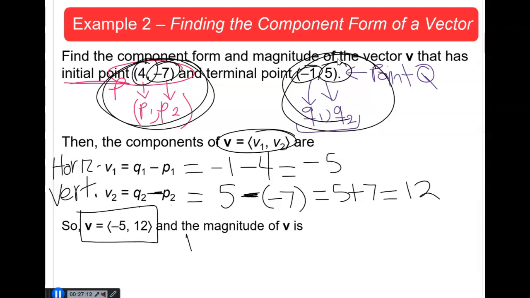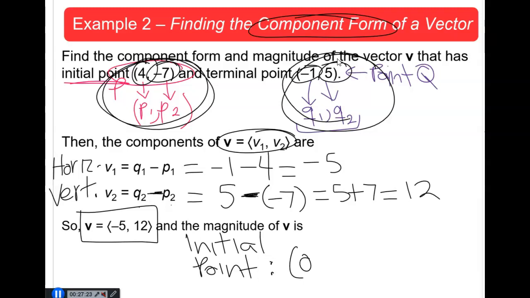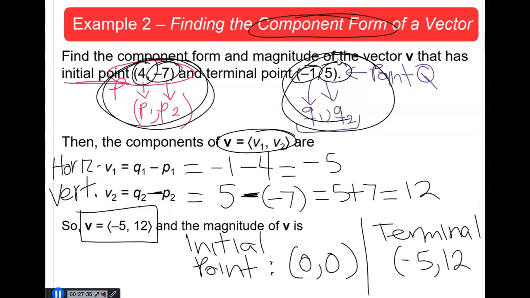And this means, remember, in component form, that the initial point is now the origin at (0, 0), and the terminal point has been shifted to the point (-5, 12). And that is the component form of the vector.